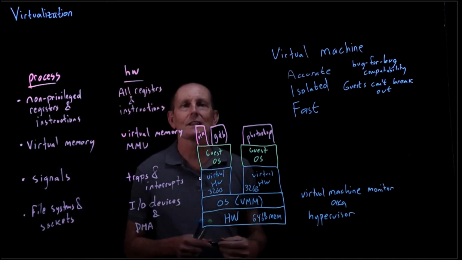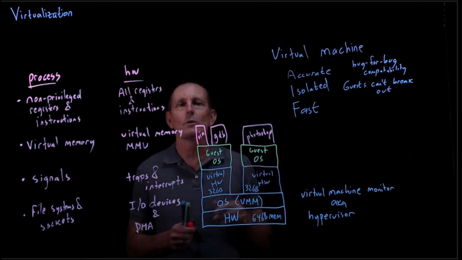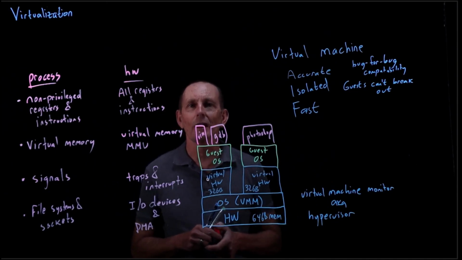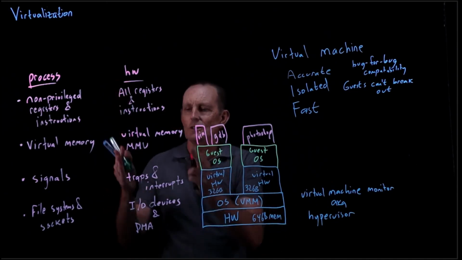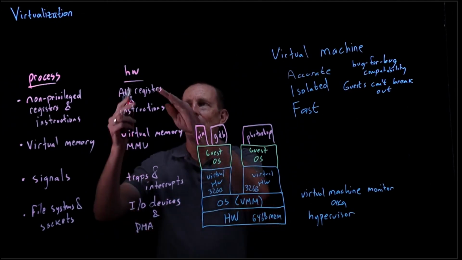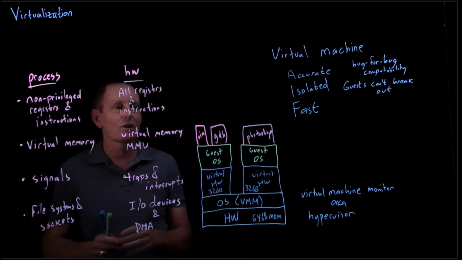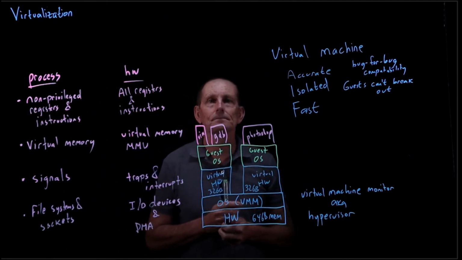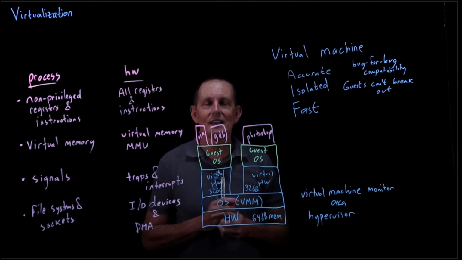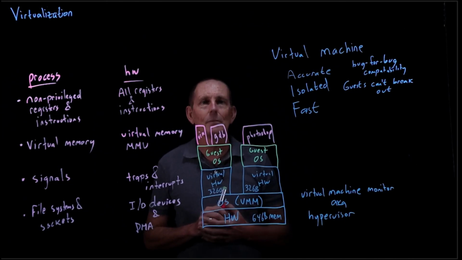This DMA, again, is direct memory access, where an I/O device can directly write to memory without having the CPU as an intermediary. So these are all the things you need to write an operating system. Right? You require, in some sense, a lot more software on top of a hardware abstraction than you do on a process abstraction, because you need all of the operating system type stuff. But since that's what an operating system expects, this is the way to run another operating system on top of some other VMM operating system.